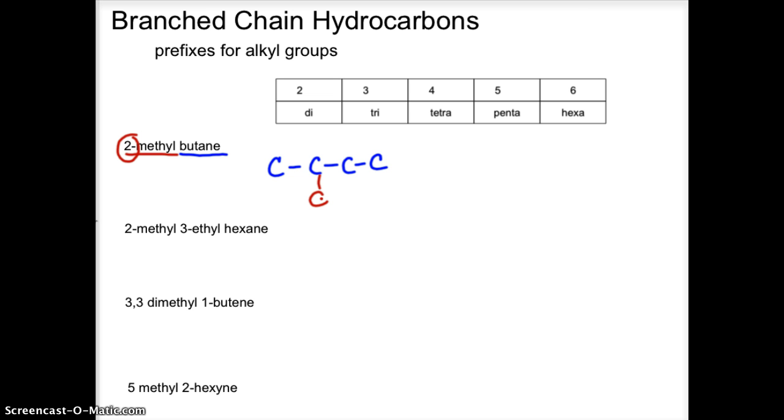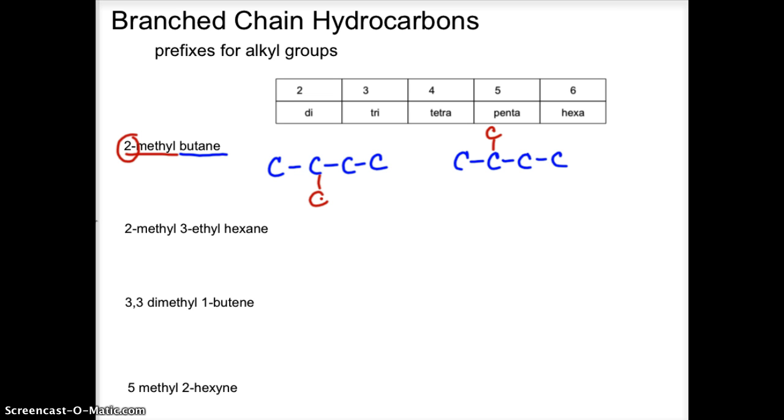So that would be the structure for 2-methyl butane. If you drew it like this with the 4 carbons and then you had the methyl group going up on that second carbon, that would be the exact same structure. So you can place that methyl either in the downward position or in the upward position on that carbon. They both are exactly the same structure.